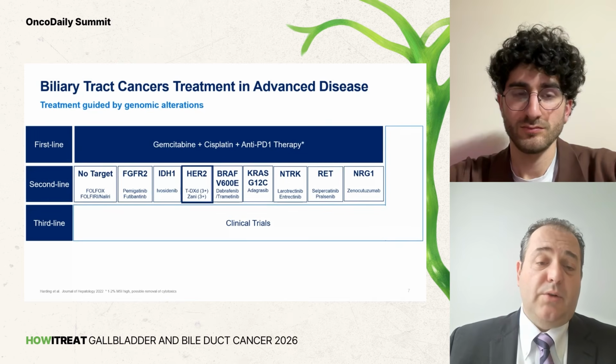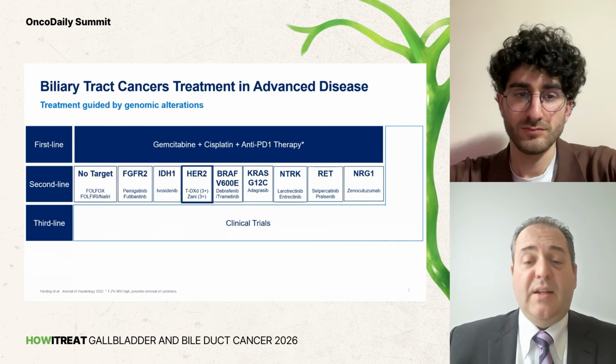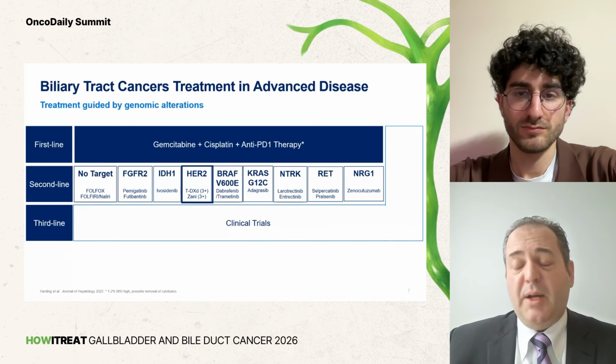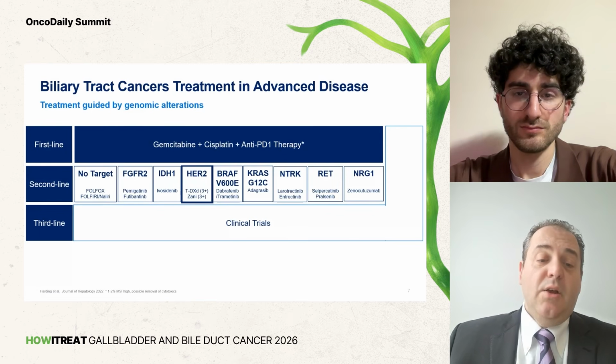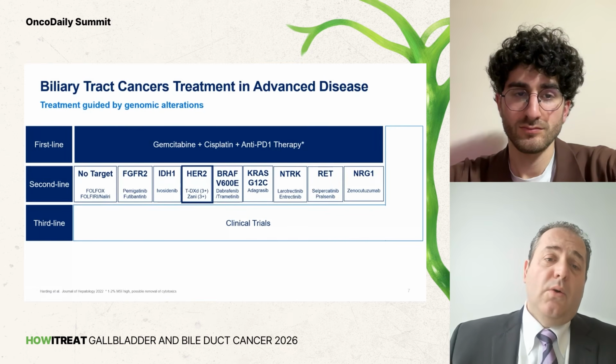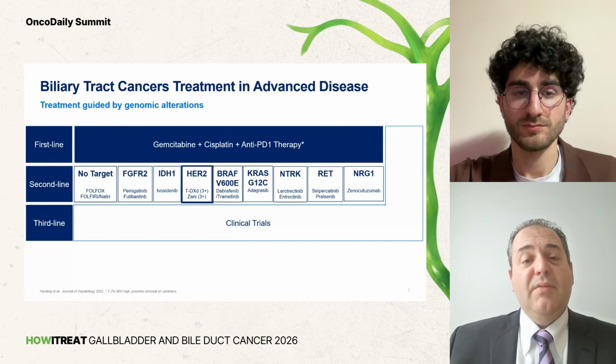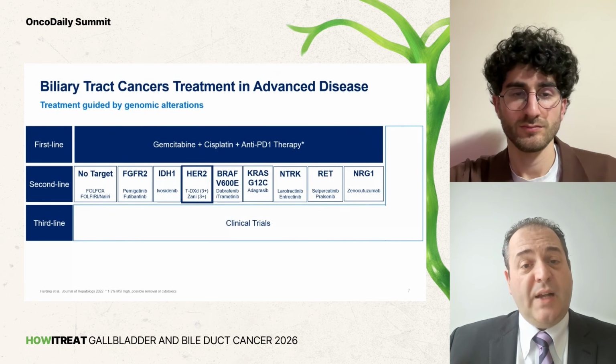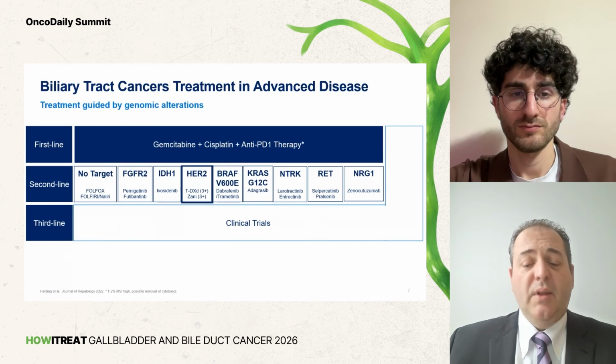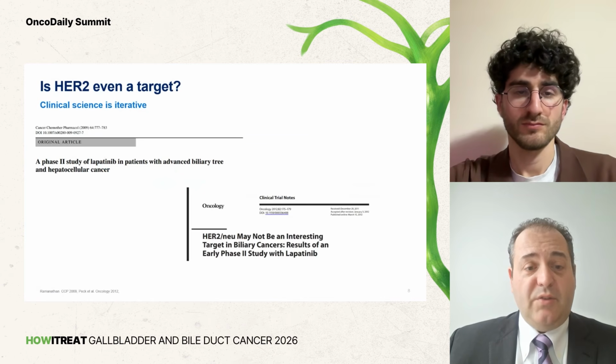I'll talk mostly about HER2 today, and then towards the end, they talk about emerging strategies in KRAS. The important thing that you can understand, though, is clinical trials are critical. All guidelines recommend clinical trials if they are available, given that our current standards are effective but remain suboptimal, and thus we must continue to advance the field.